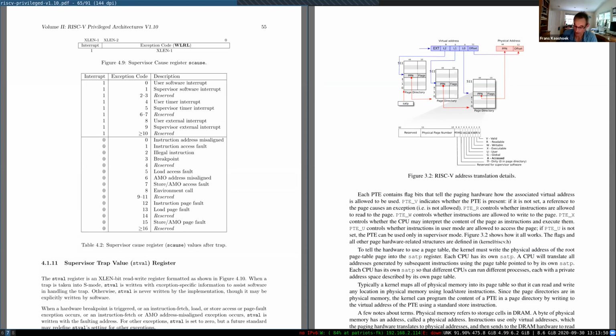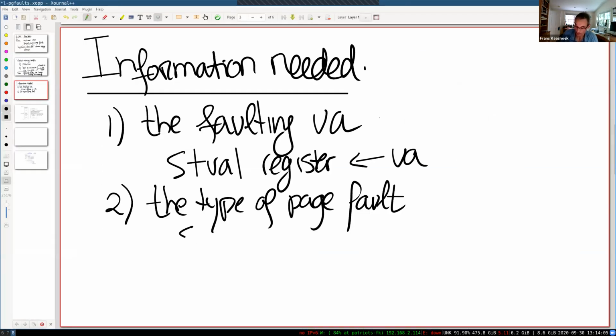For example, number 13 is a load page fault, number 15 is a store page fault, and number 12 is an instruction page fault. And we get that information in the SCAUSE register. So there are 3 different types: read, write, and instruction.